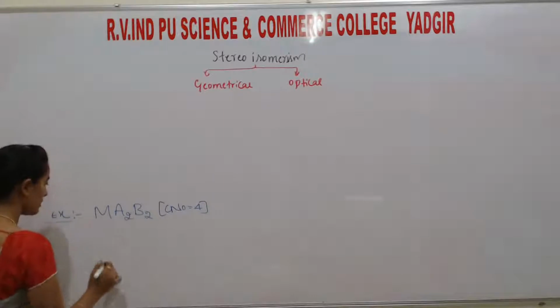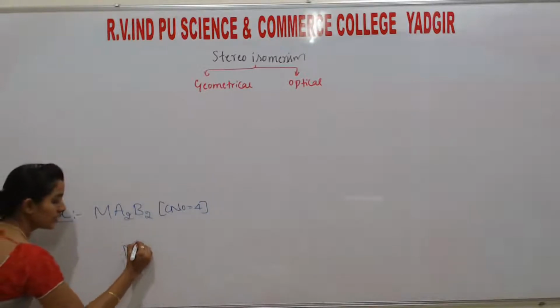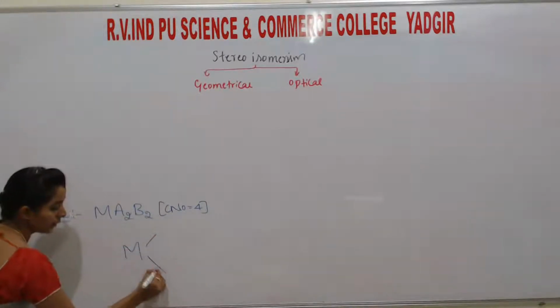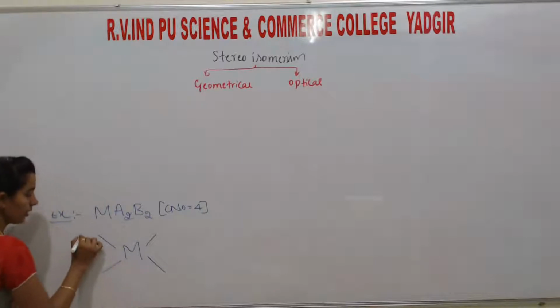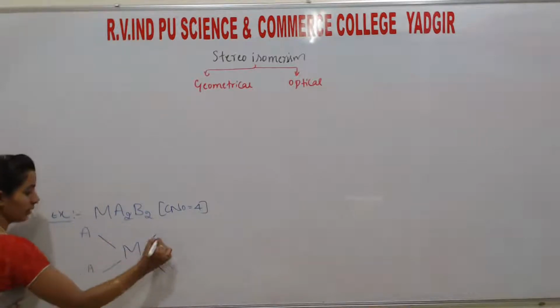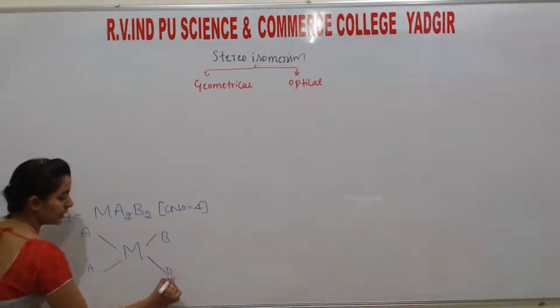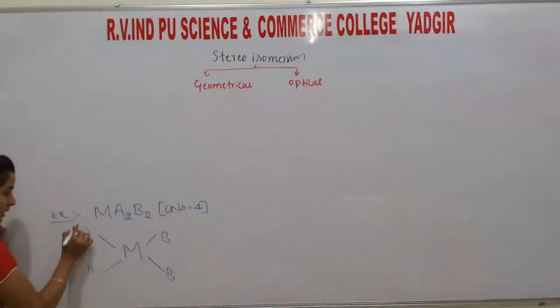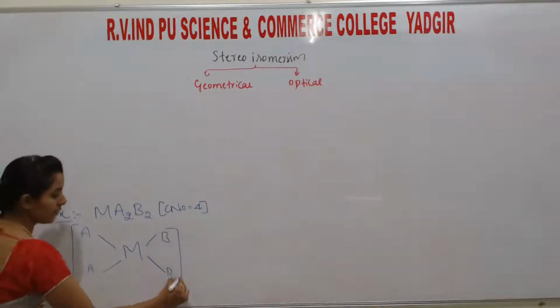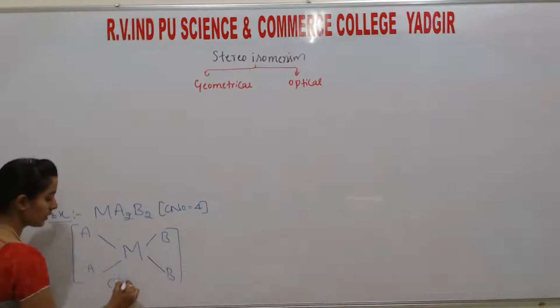So if you write this, students, if M is the central metal atom, then A, B is there. So what does this A, B represent? Cis isomer.